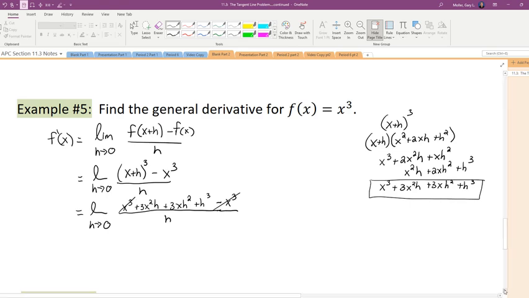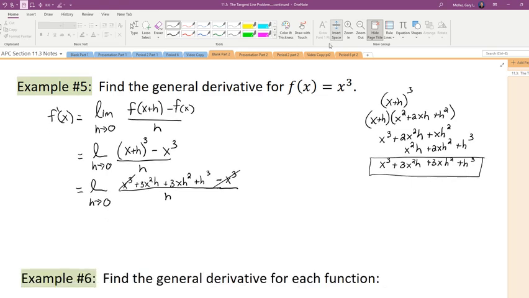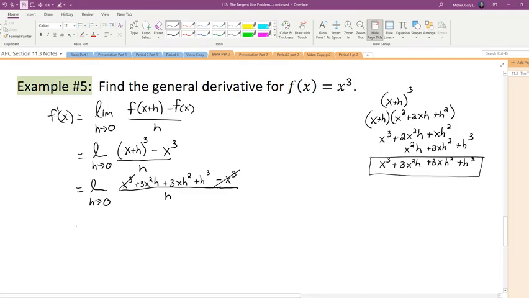If everything has gone as planned, then we should have only things with h's left. And I'm going to save myself a little space by factoring the h out as I go. So I get 3x squared plus 3xh plus h squared over h, which cancels.